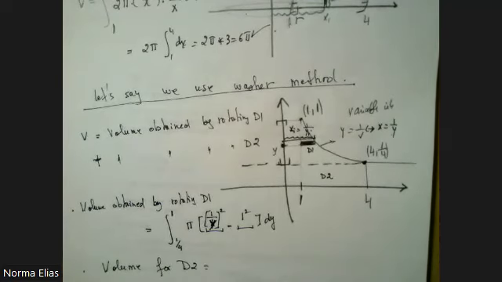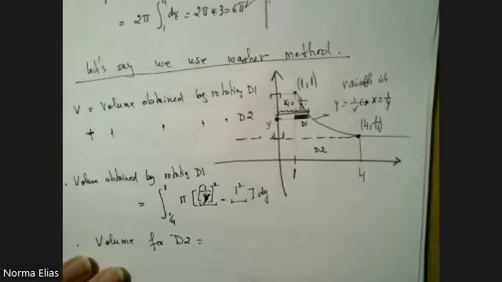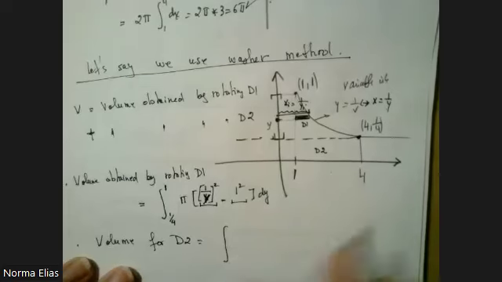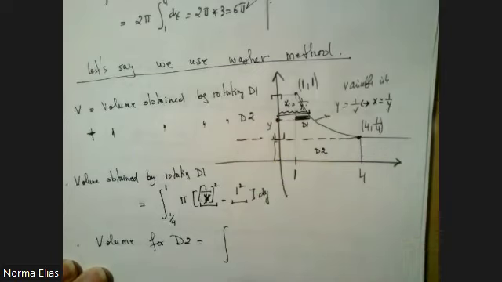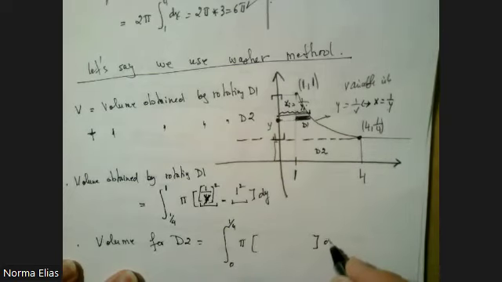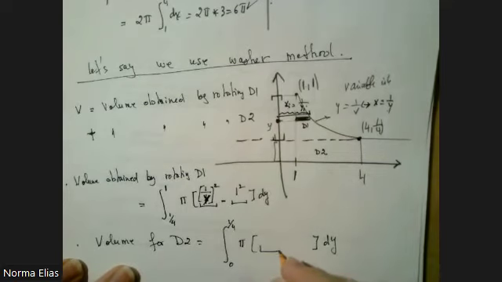As you can see, it's way, way, way more complicated. For D2, I have to subdivide this integral. So it's going to be the integral from 0 to 1/4 of pi times, what's going to be the outer radius squared, and what's going to be the inner radius squared?